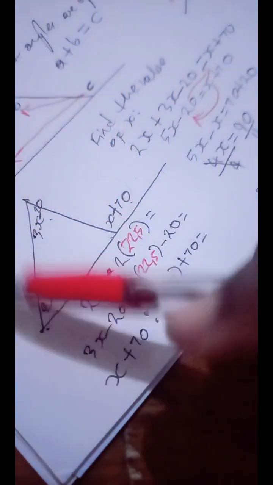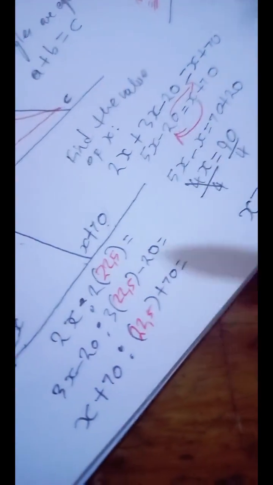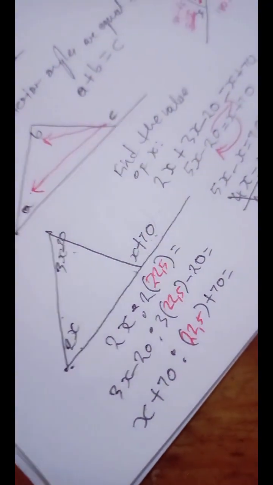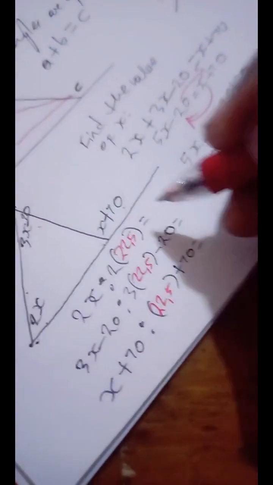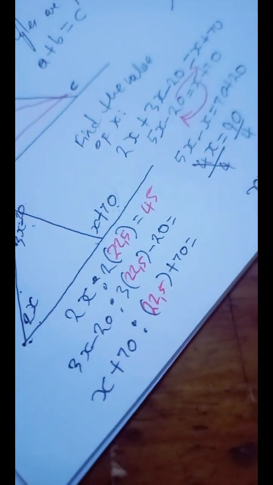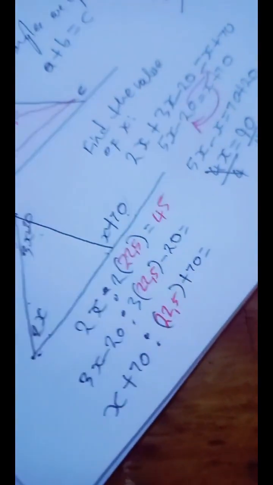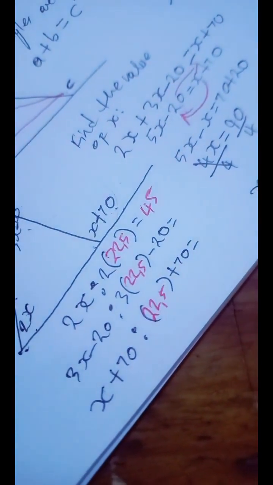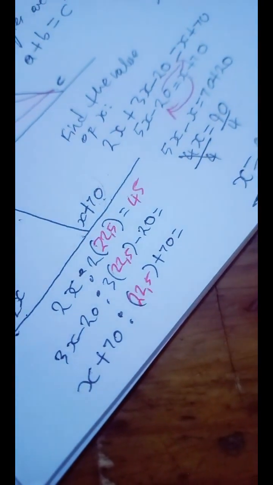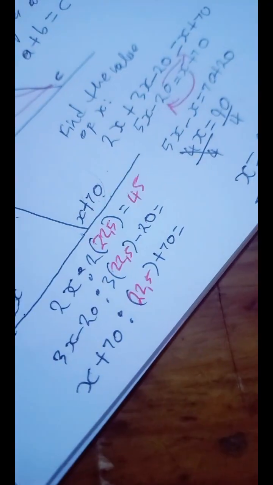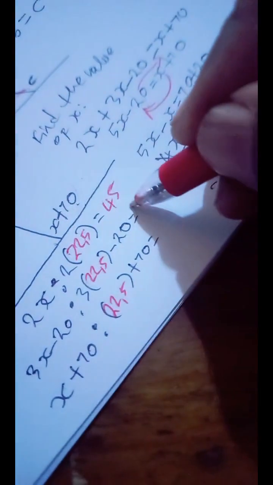To find the value of each of these three angles using our x, right? From there, it's 22.5 times 2, which is 45. Here, 3 times 22.5, you get your answer, 67.5 minus 20, which is 47.5.